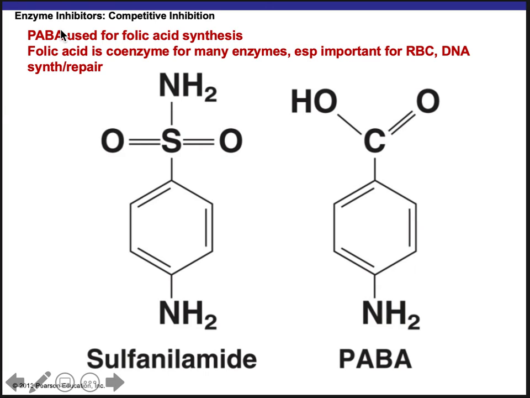So PABA is right here, okay, and it's used to make folic acid. Folic acid is a coenzyme for many enzymes, okay, and it's especially important to be able to make DNA or repair DNA that's already made.